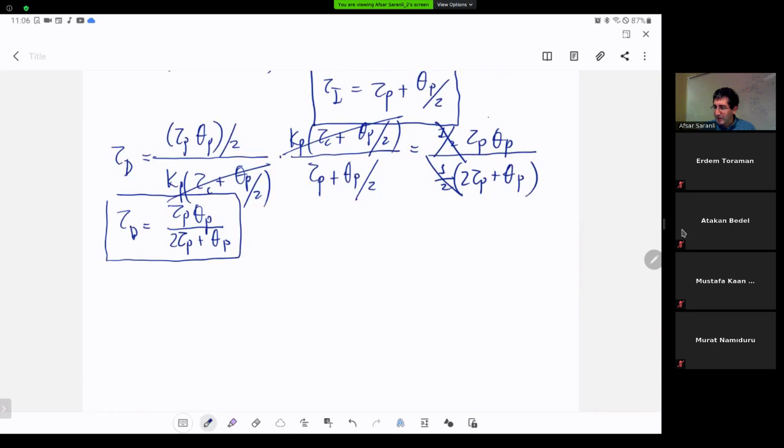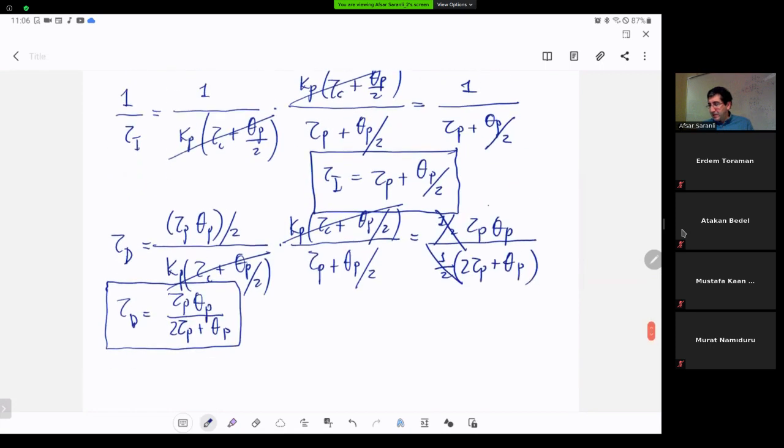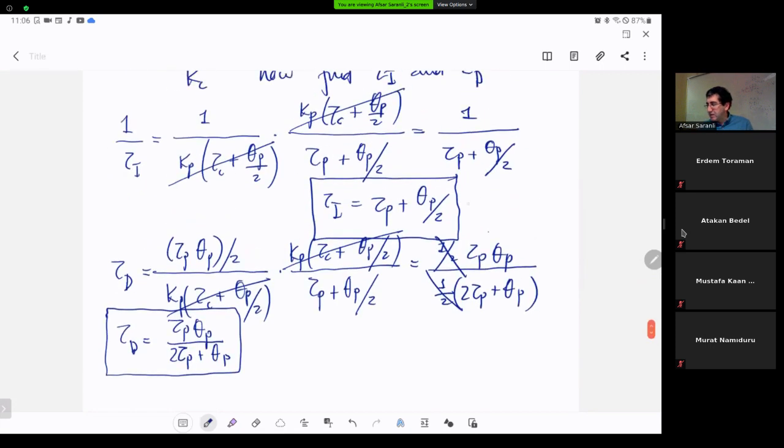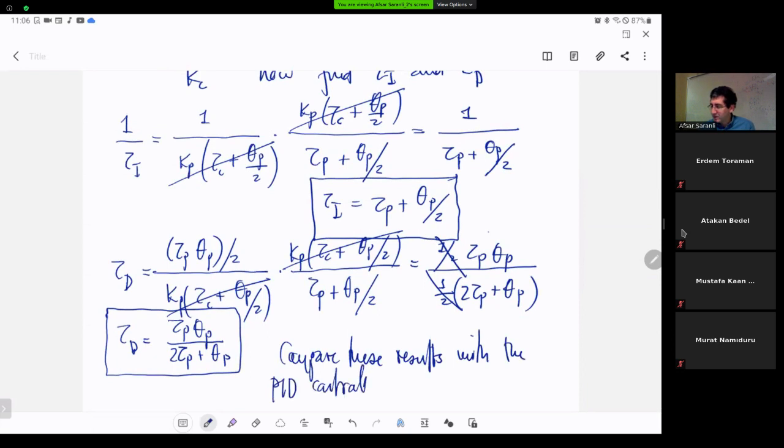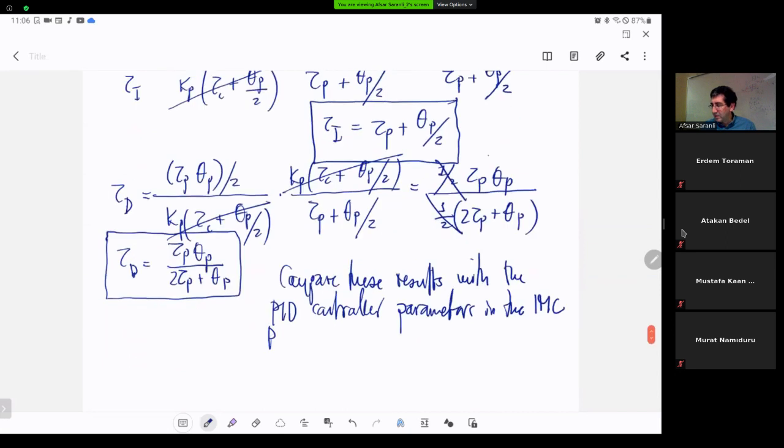Now the reason I spent this time to do all the calculations is that you can now compare these results with the PID controller parameters in the IMC PID table.